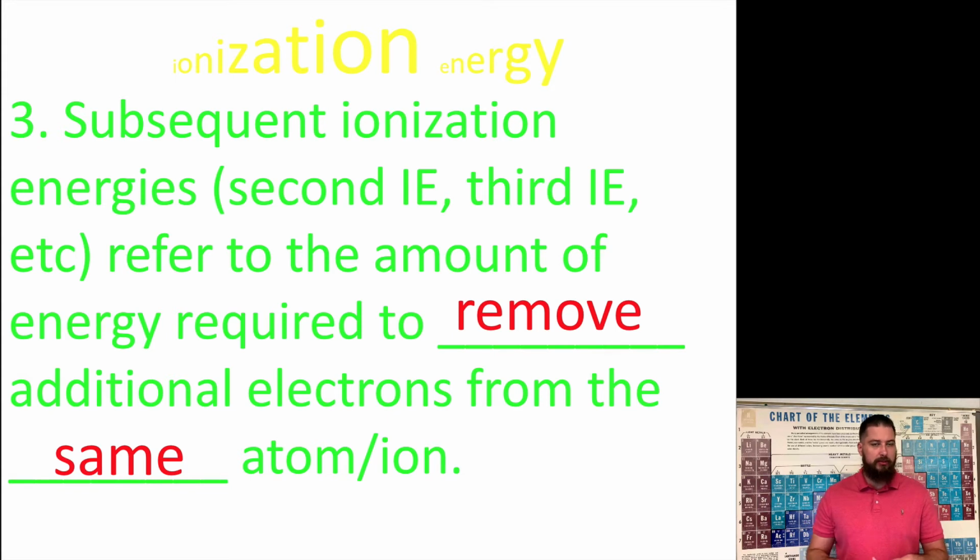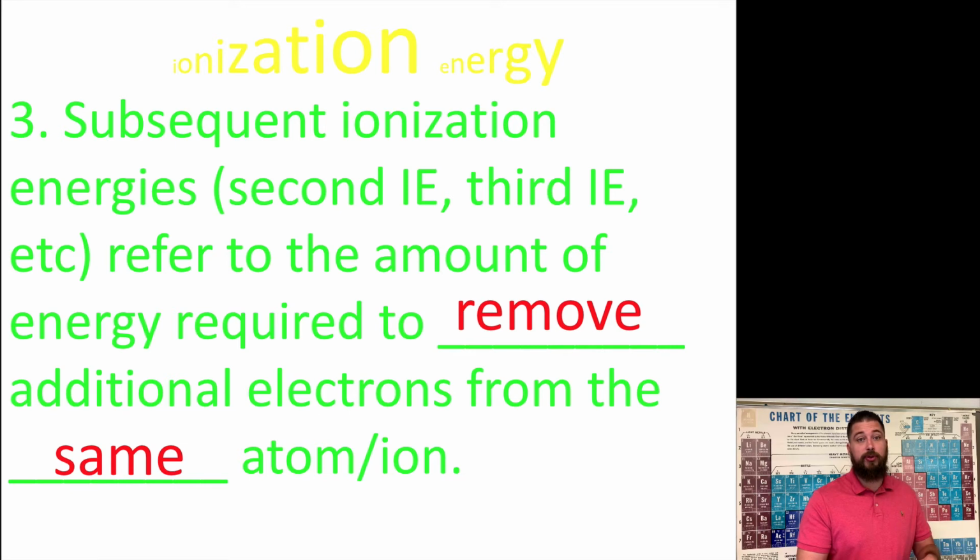The reason is that when you remove that first electron, you're decreasing the number of electrons but keeping the protons the same, so the proton to electron ratio changes to where you have more protons than electrons, which means the protons are holding onto those electrons more tightly. So the point here is that removing a second electron from an element is going to require more energy than removing the first one.